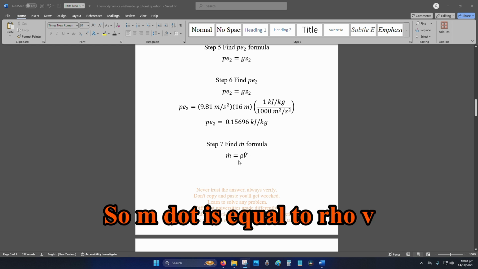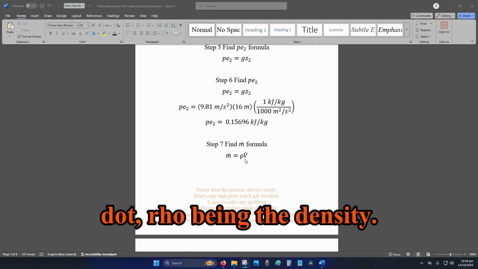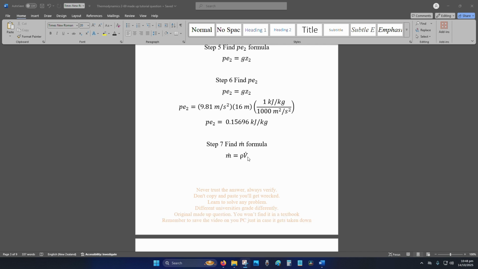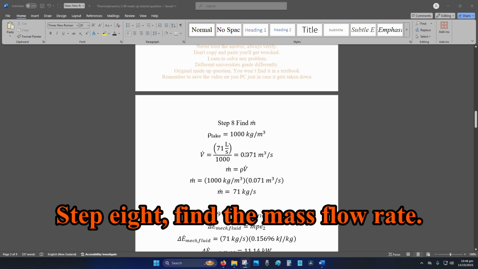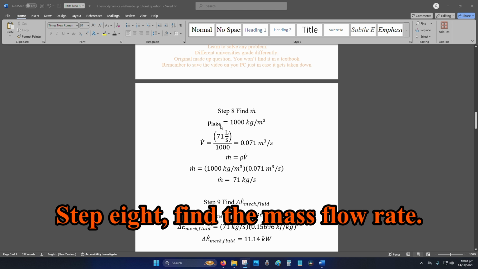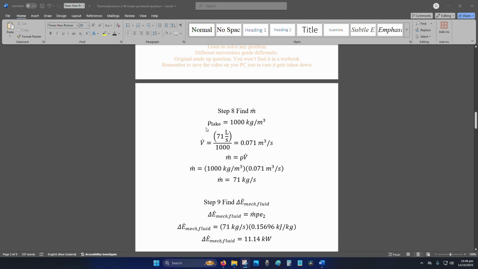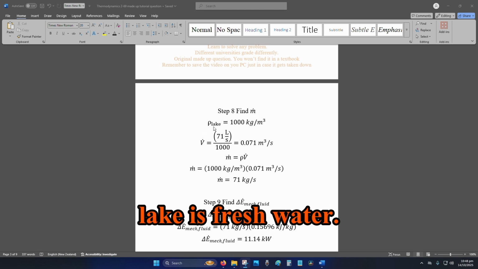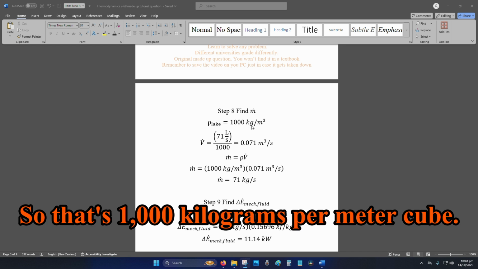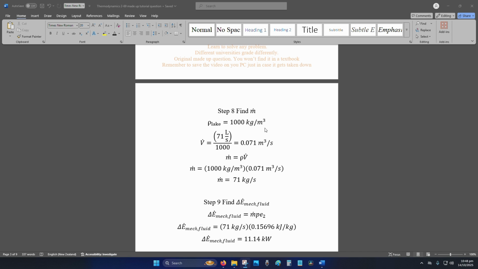Step 7, find the mass flow rate formula. So m dot is equal to rho V dot, rho being the density. Step 8, find the mass flow rate. The lake is fresh water, so the density is 1000 kilograms per meter cubed.